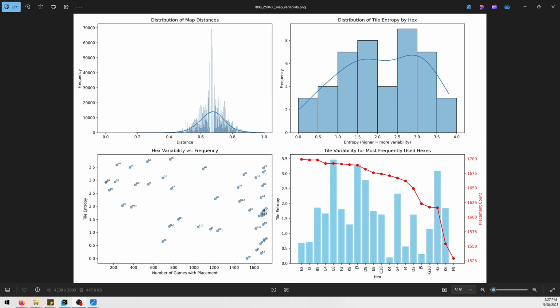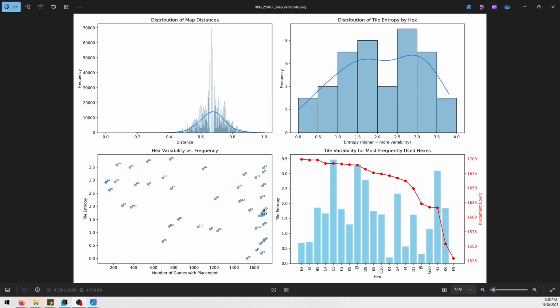Well, I guess it's not exactly normal since the frequencies in the center are much higher than you would see in a normal distribution. But regardless, you have a mounded distribution like this, and that's centered somewhere around, we'll call it 6.6 or so. The higher the distance, the more dissimilar different maps at the end of the game are.